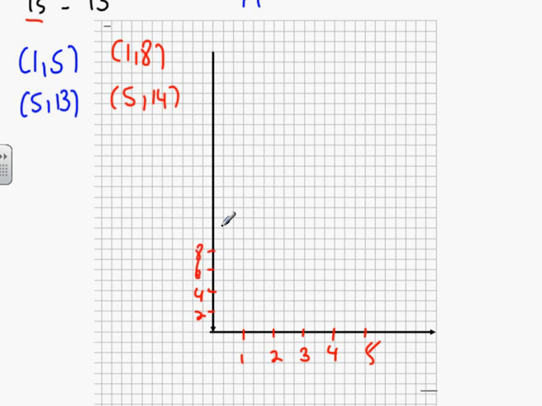I never count up in ones, it just takes too long, okay? That's just smart. Now, 1, 5. We're here. 5, 13. We're here. And then 1, 8. We're here. And then 5, 14, so barely above it.